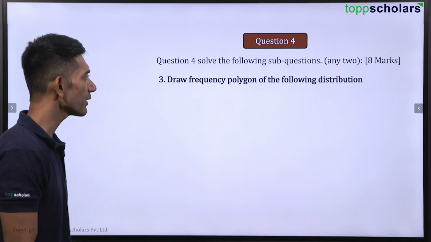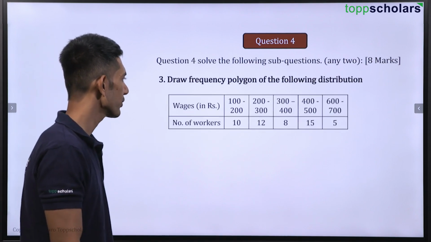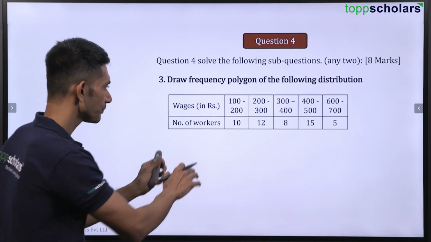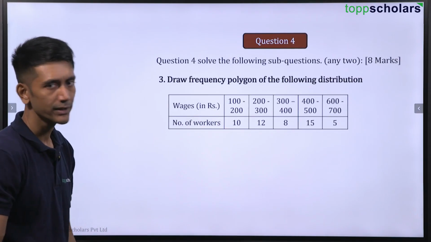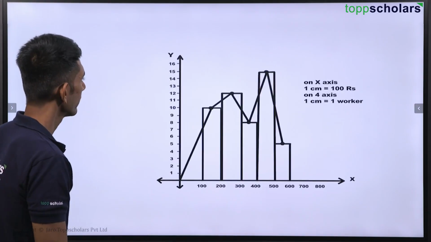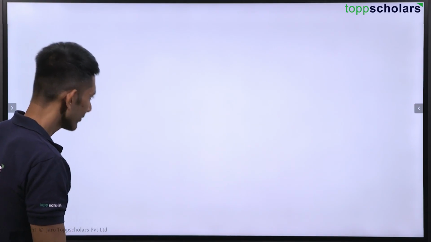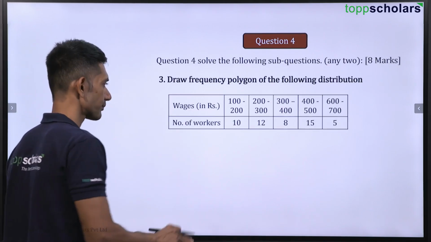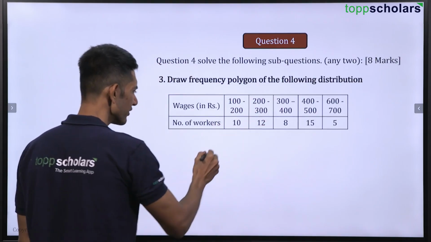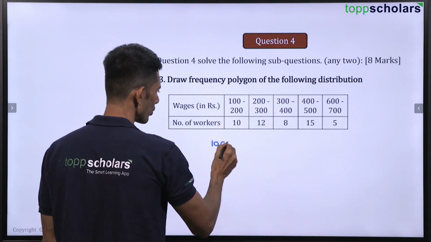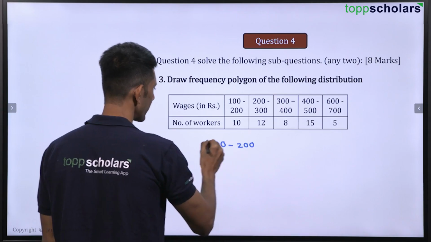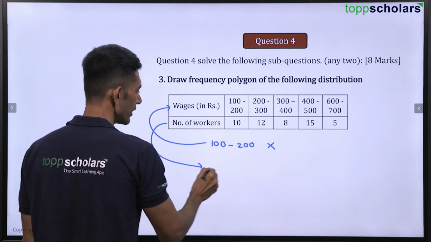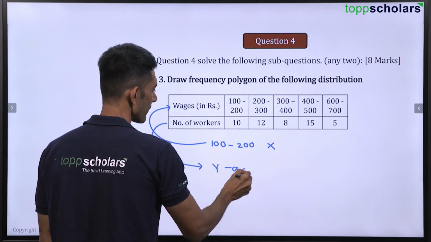Have a look at a new question now. It says draw the frequency polygon of the following distribution. So the distribution is given to us and we are supposed to draw the frequency polygon for this, correct? Let us try to analyze and understand how we draw it. Here we have the wages, that is 100 to 200. We'll plot these on the x-axis, then we will plot these on the y-axis.